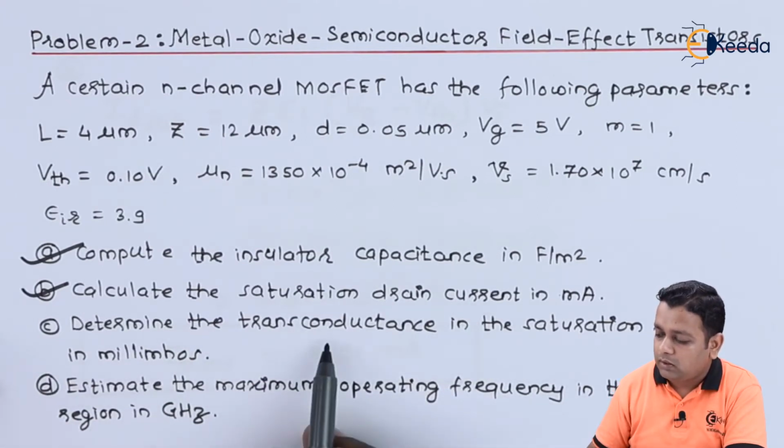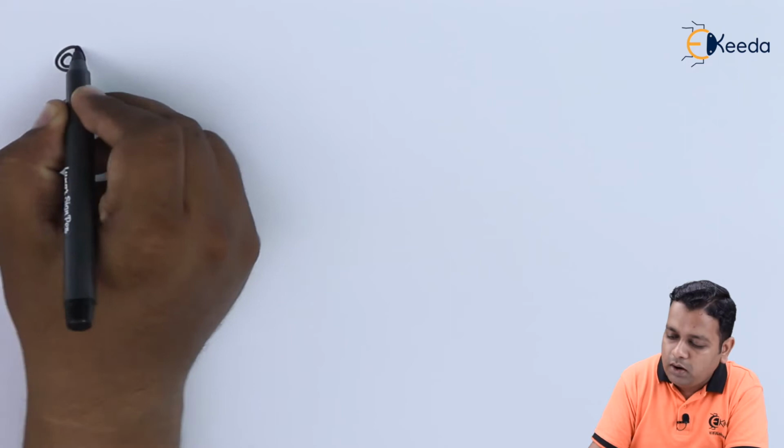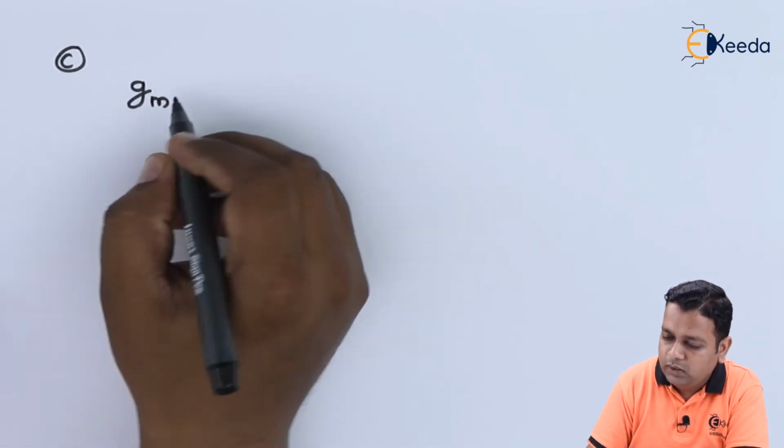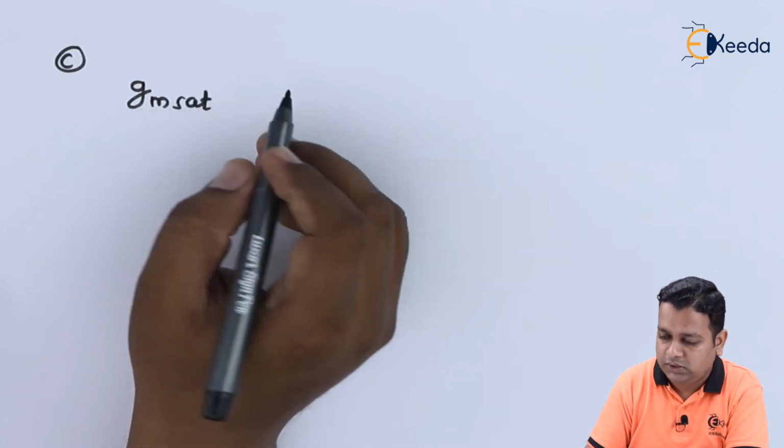Now we require the transconductance in the saturation region in terms of millimhos. We denote the transconductance for part C by small g suffix m S, with S for saturation here.